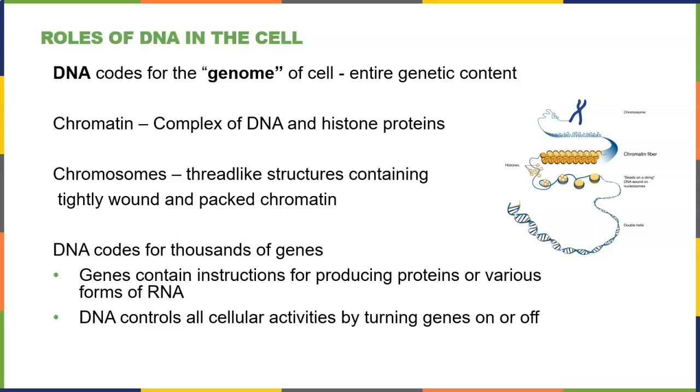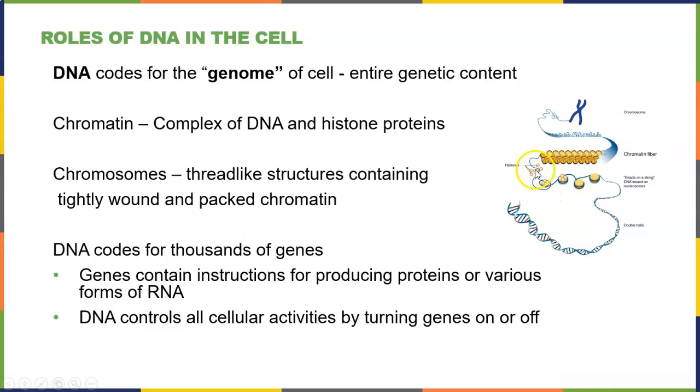Now, DNA is organized in various ways, and one of the ways that usually we can see it in its normal form is in the form of something called chromatin. If you look over on this picture to the right, what you see is a long, skinny strand made up of the double helix of DNA, which we're going to see in a minute. In the nucleus of a cell, it's wrapped around these proteins called histone proteins.